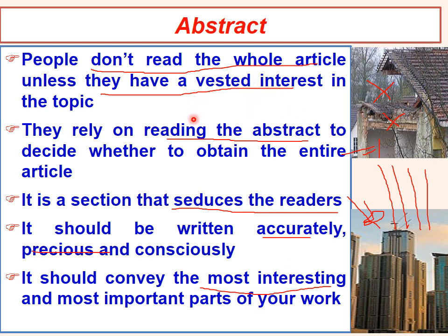Therefore, if the abstract is well structured from the beginning, even if the reader was not interested to go deep into that particular paper, the abstract would act as an attraction. The reader can also get attracted and book the particular paper. So we should be in the position of phrasing and writing our abstract such that it makes some seduction for the reader.